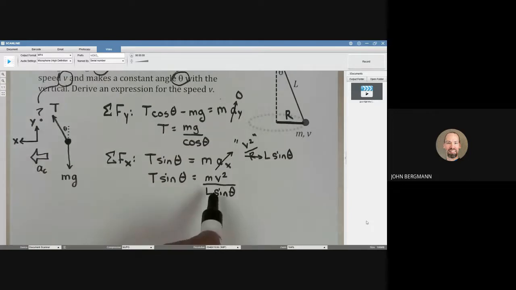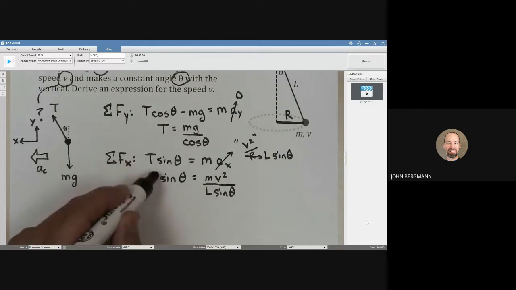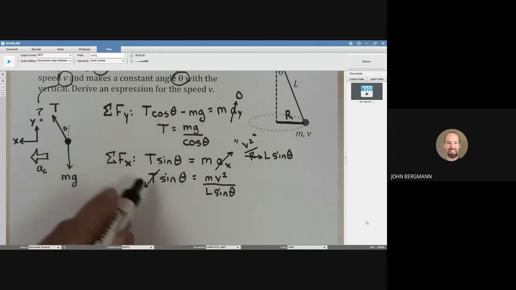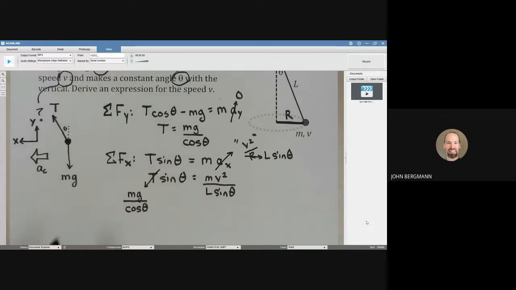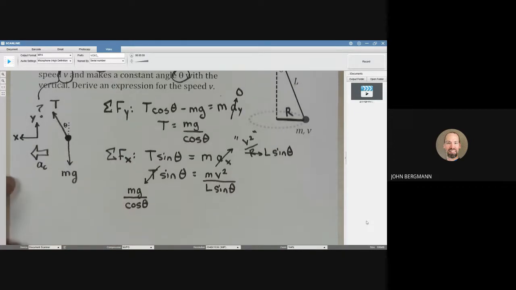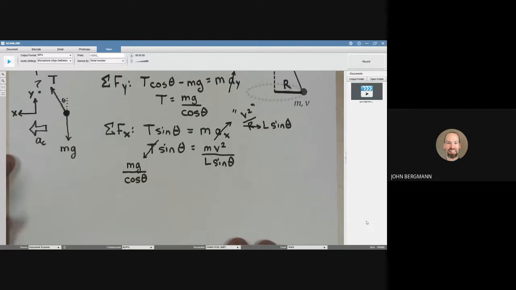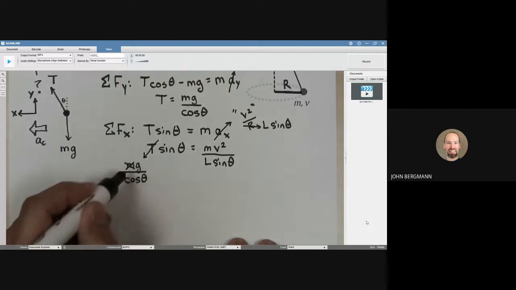Now, we're looking for v. We know m, we know L, we know theta, but we don't know the tension, but we solved for that just a second ago. So that tension turns into mg over cosine theta. So let's see if we can simplify this without making any mistakes. It looks to me like the m's cancel.